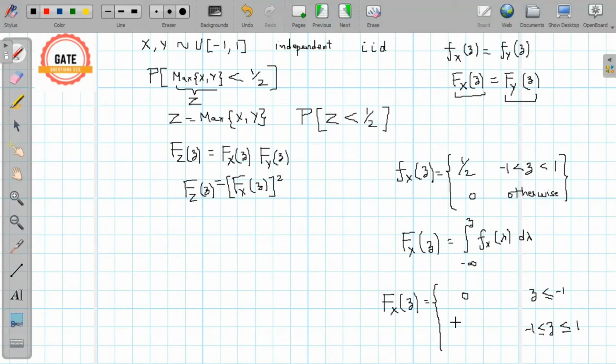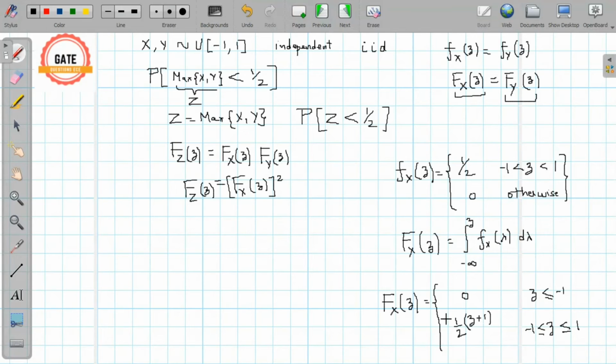So integrating, we will get 1 by 2 and we will get lambda, with lower limit minus 1 and upper limit z. So that will give us z plus 1 by 2.